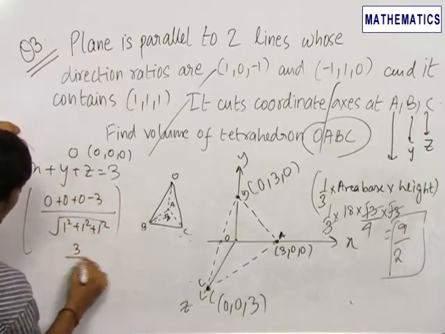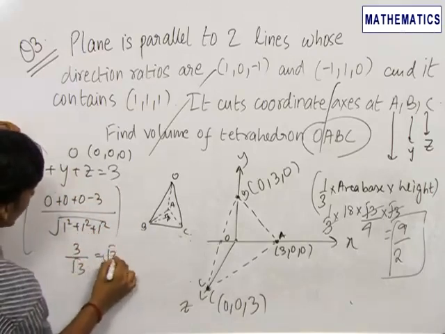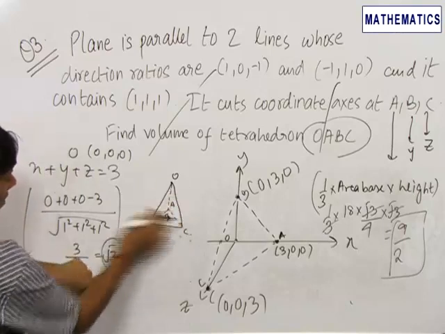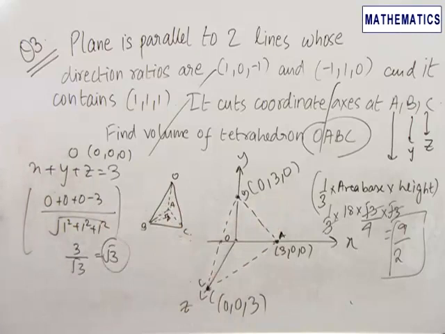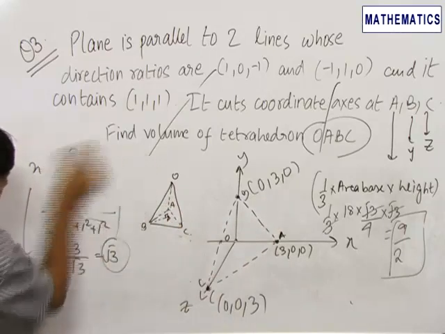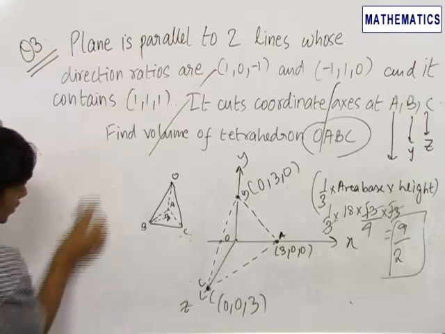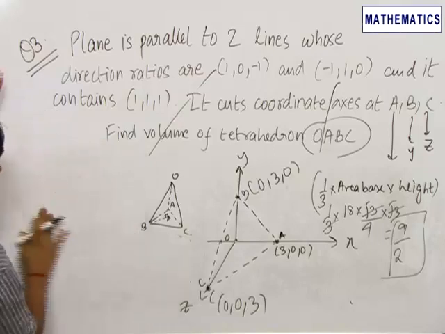This comes out to be 3 upon root 3, that is equal to root 3, and this is the same answer that we got by this method. On putting this root 3 over here, we will get the height. So we can find the perpendicular distance of any point from a plane by this method.